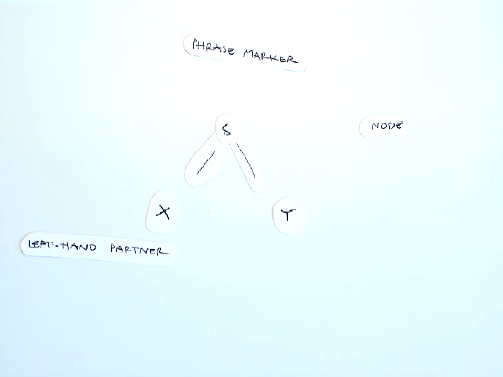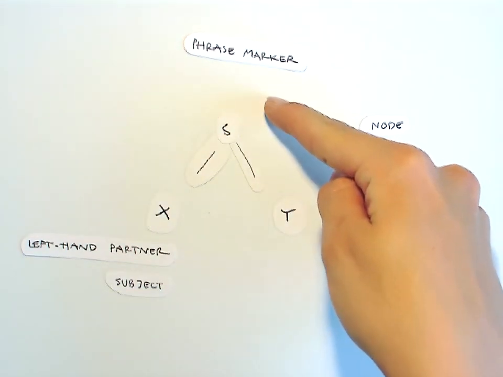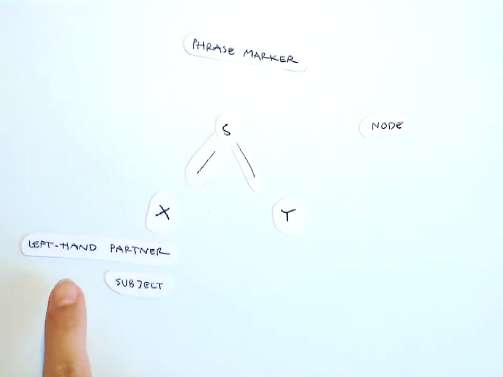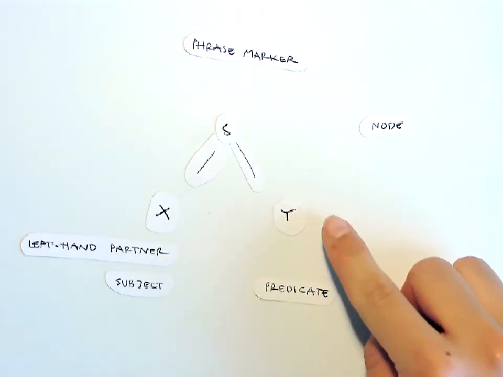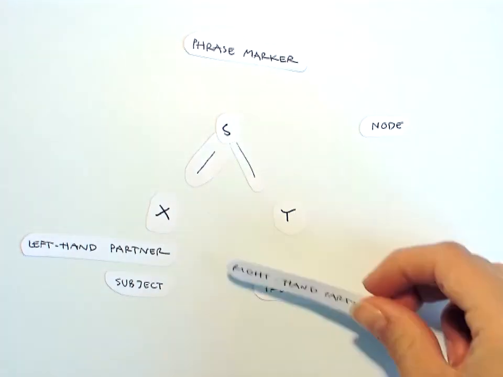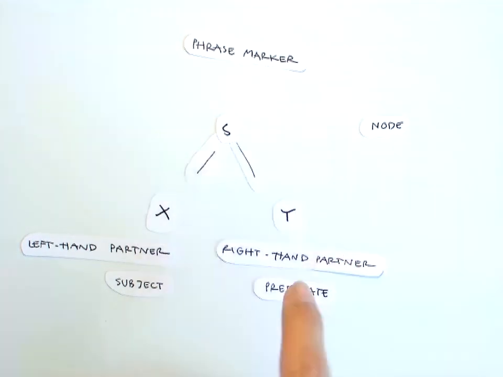It's enough to say the grammatical function of subject is performed by that structure that is immediately dominated by S and left-hand partner to the other constituent on the second level. And the predicate can be described the same way. The predicate is the structure immediately dominated by S and the right-hand partner of the other constituent on the second level.